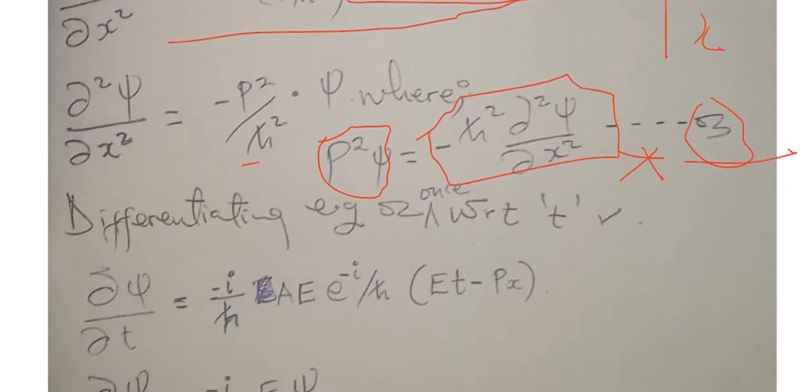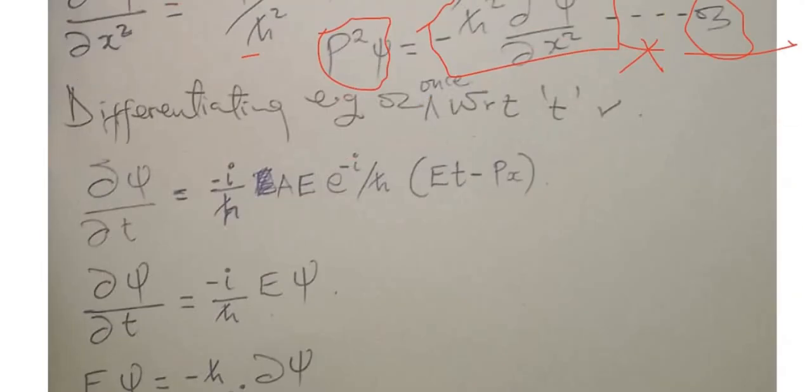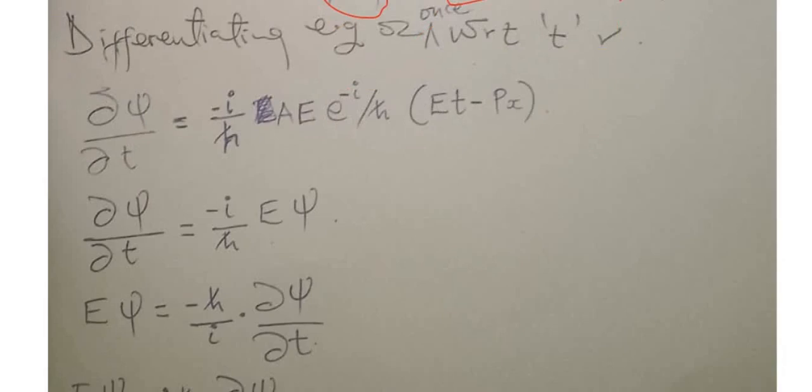Then, differentiating equation 2 once with respect to t. Remember, equation 2 was this one. On differentiating it, we'll have delta psi all over delta t equals negative i all over h bar times A E exponential of negative i over h bar times (Et minus px).